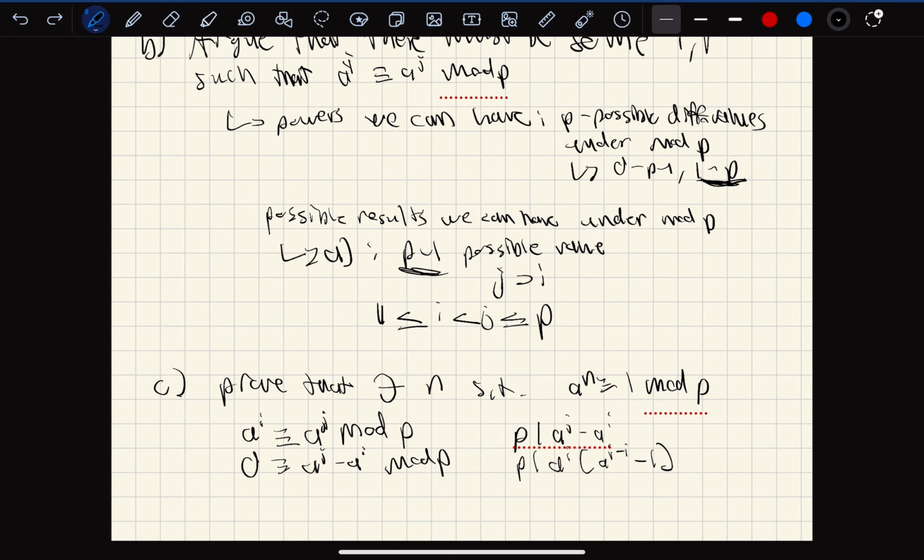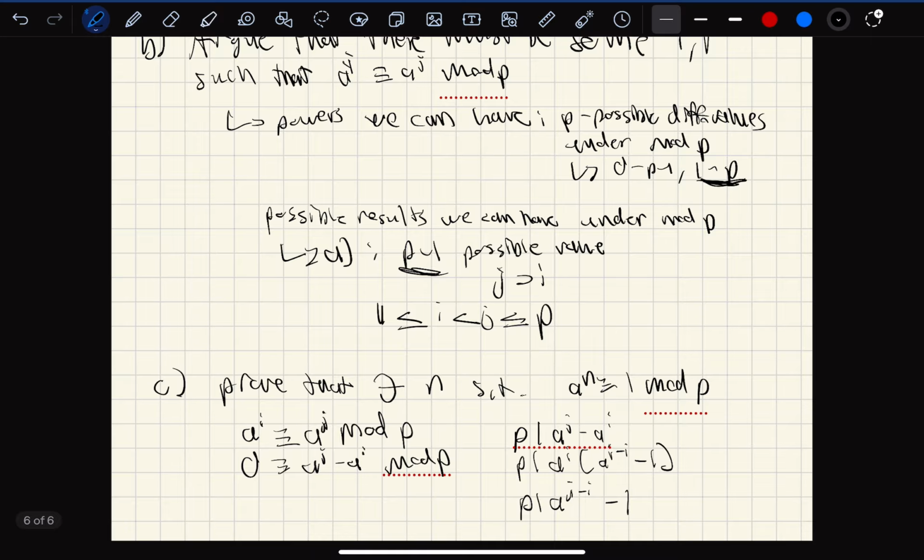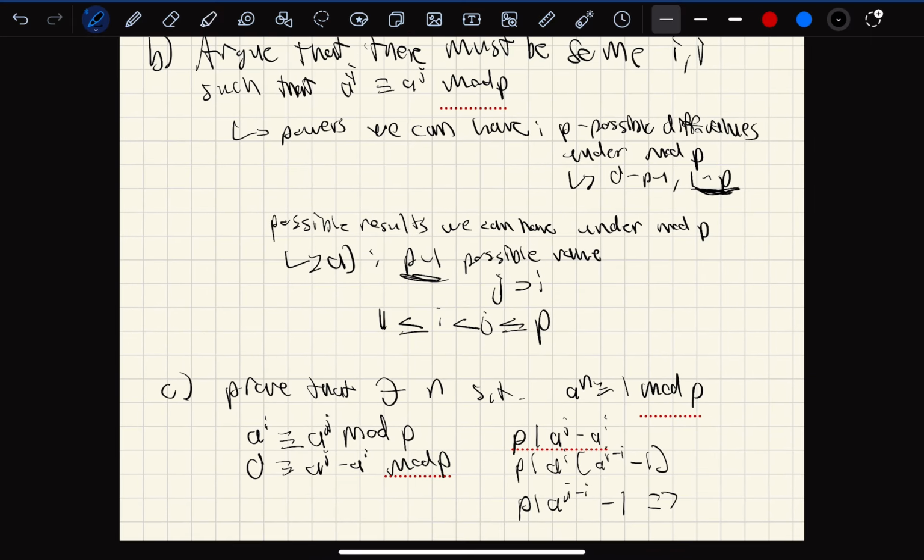So we know that p is divisible by a to the j minus i minus 1. And then if we rewrite this back using mod, we then have that a to the j minus i is congruent to 1 mod p.